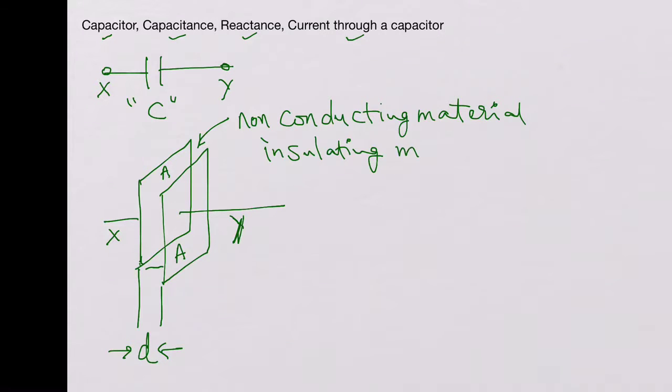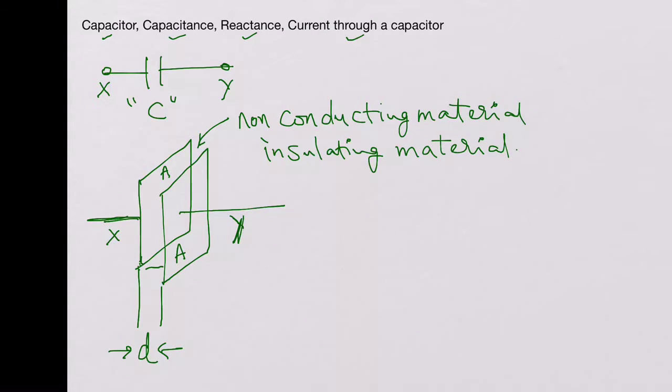So it's really, you have the two sides of the circuit, and then you have the two plates, and then there is an insulating material in between. So how the capacitor works is what we are going to look at.